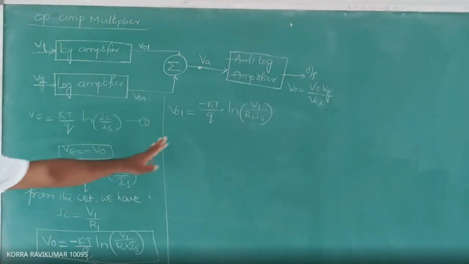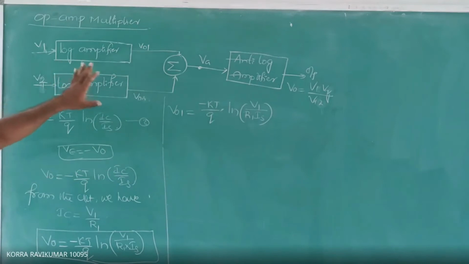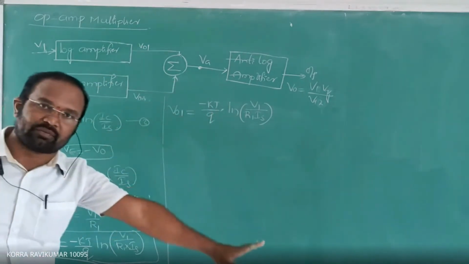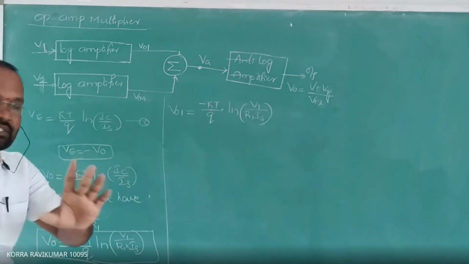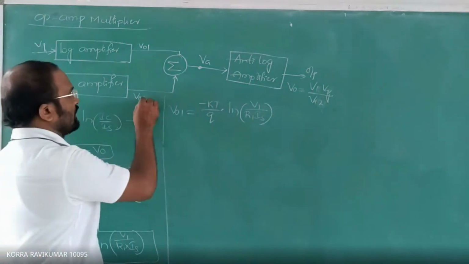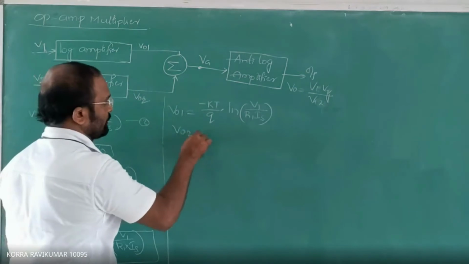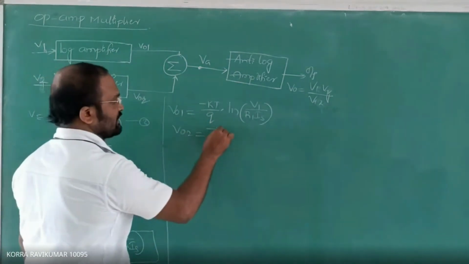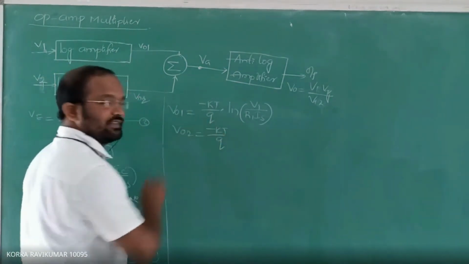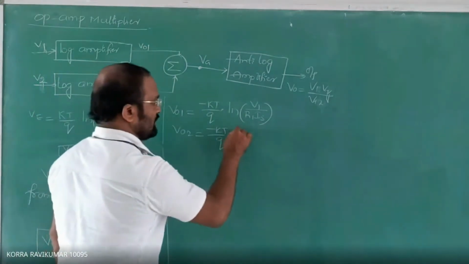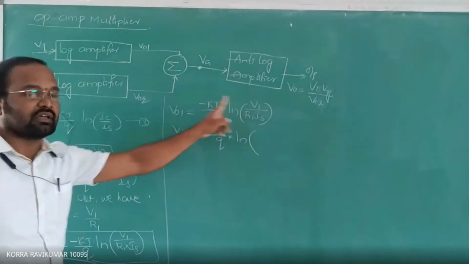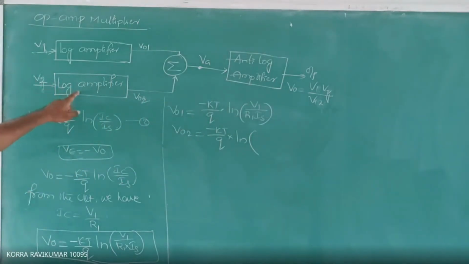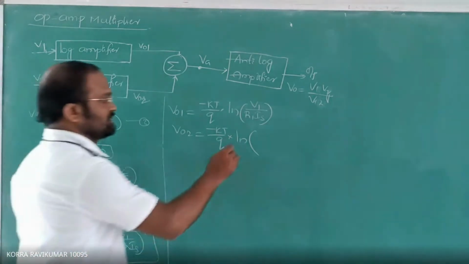Next, if it is the second log amplifier, the same derivation gives the same output. The only change is that in place of VO1, write VO2: minus KT by Q into natural logarithm of V2 divided by R1 into IS, because for the second log amplifier the input voltage is V2.